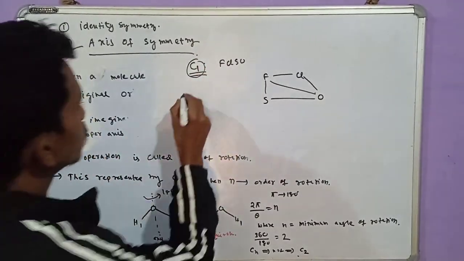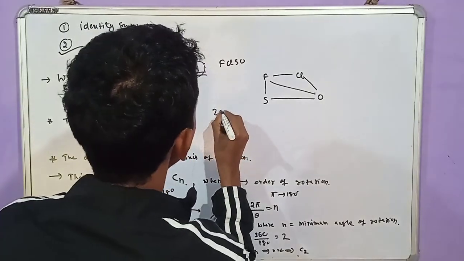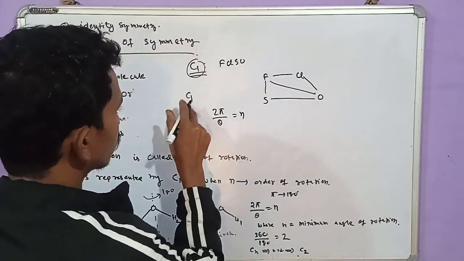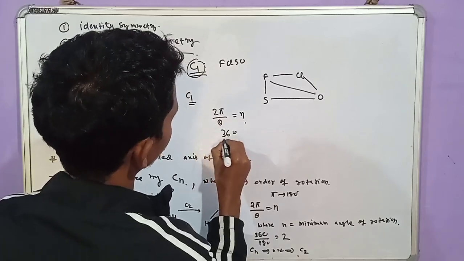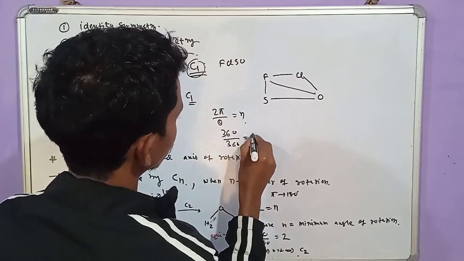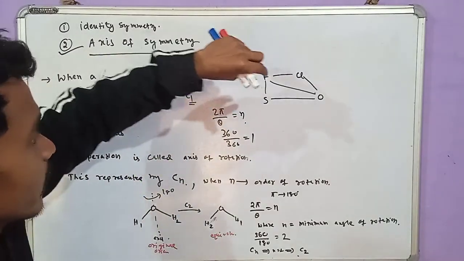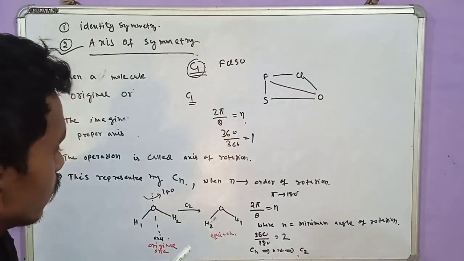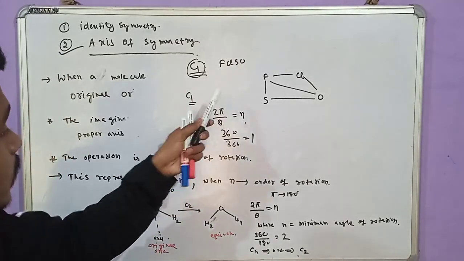Okay, C1 means what we said, that we know that 2 pi upon theta equals n. So where n equals 1, how will we get it? This is 2 pi, meaning 360, upon theta, and this has to be 360, then only will we get n equal to 1. It means you will get it only if you rotate by 360 degrees. So here only E is present.